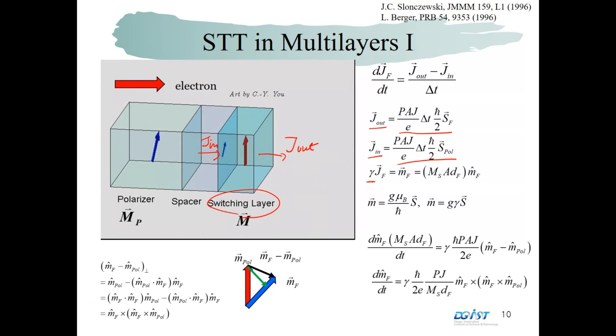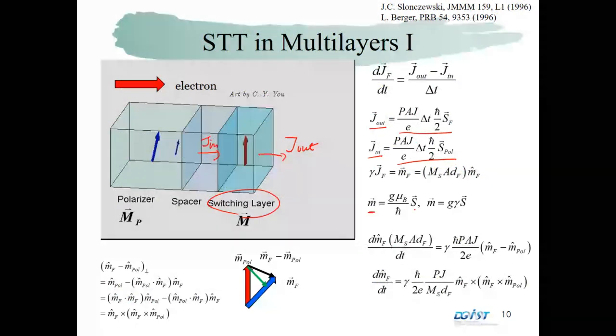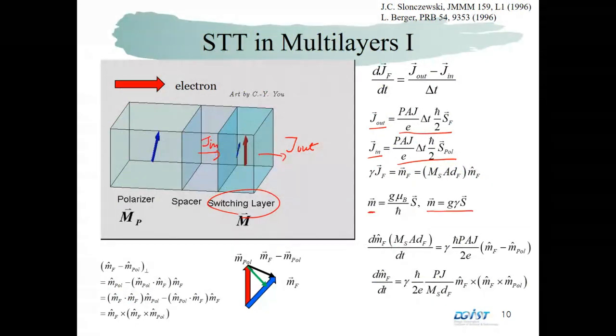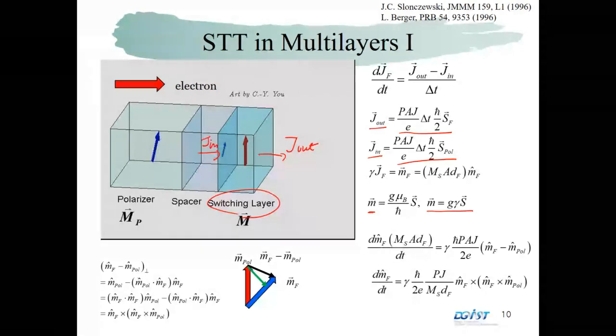And if we multiply by the gamma, you can convert it to a magnetic moment. And this is a unit vector which only represents the direction of the magnetization. So the magnetic moment you can represent by the spins here.